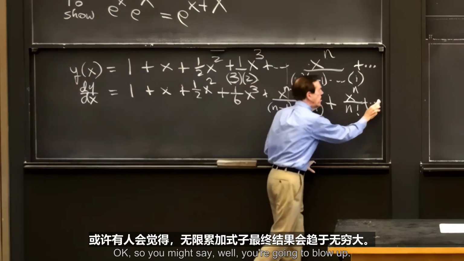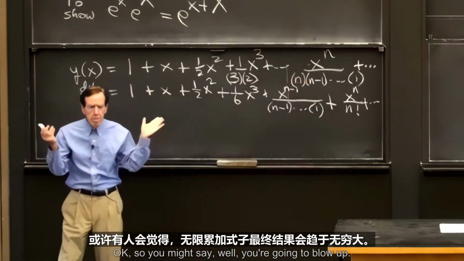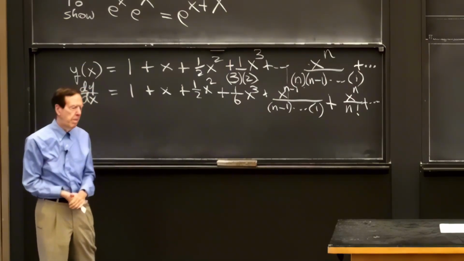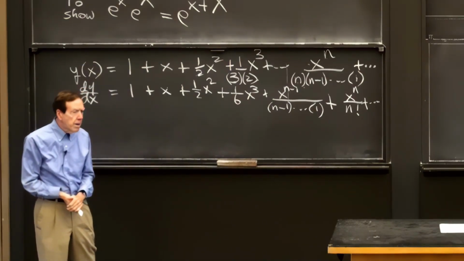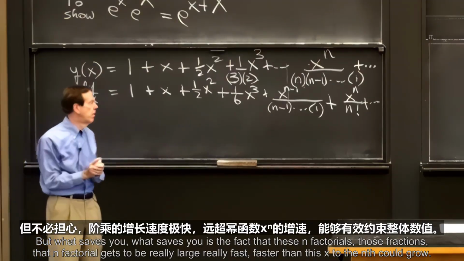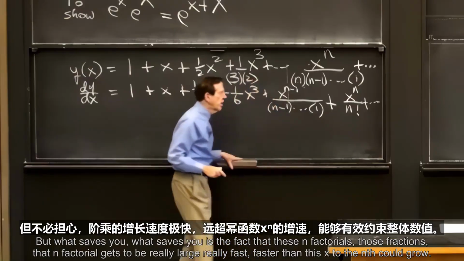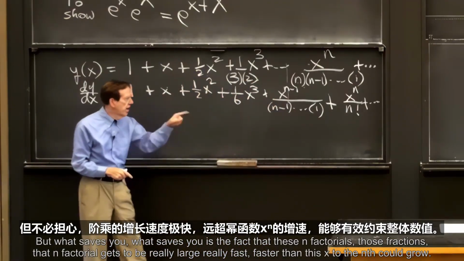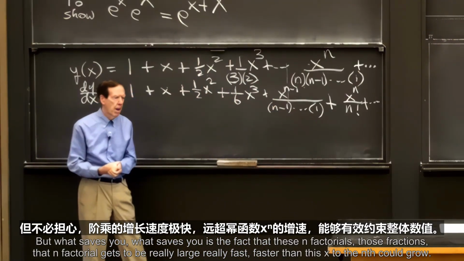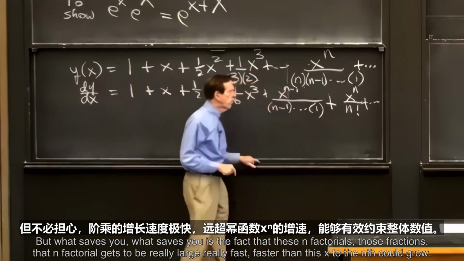Okay, so you might say, well, you're going to blow up. Not personally, the series. But what saves you is the fact that these n factorials, those fractions, that n factorial gets to be really large really fast. Faster than this x to the nth could grow.